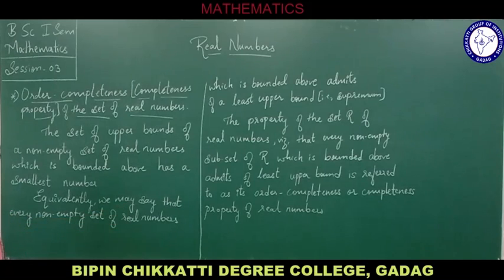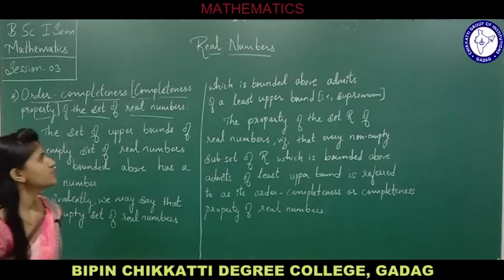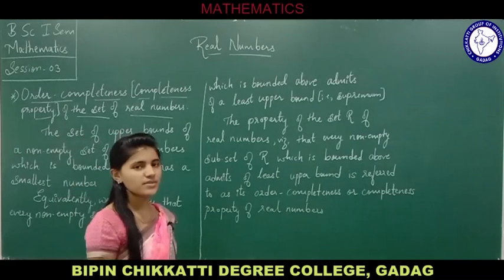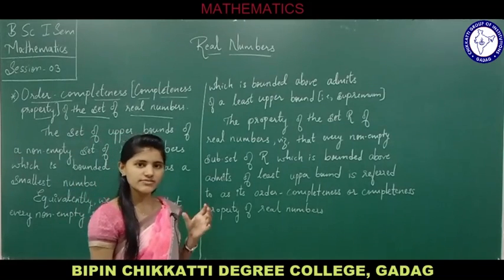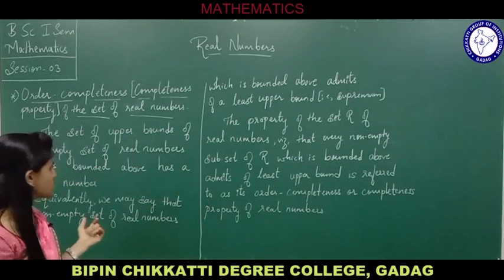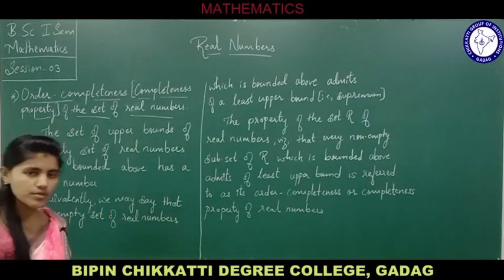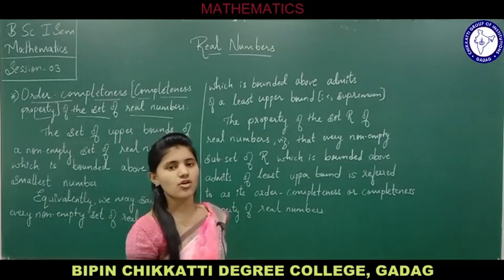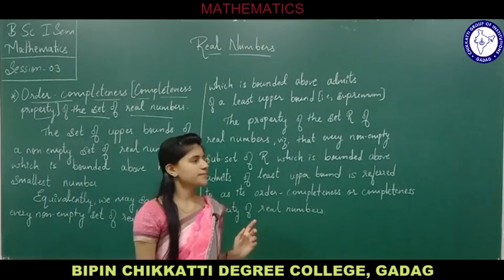Equivalently, we may say that every non-empty set of real numbers which is bounded above admits a least upper bound. That means a set which has upper bounds has a least upper bound, which we call the supremum.